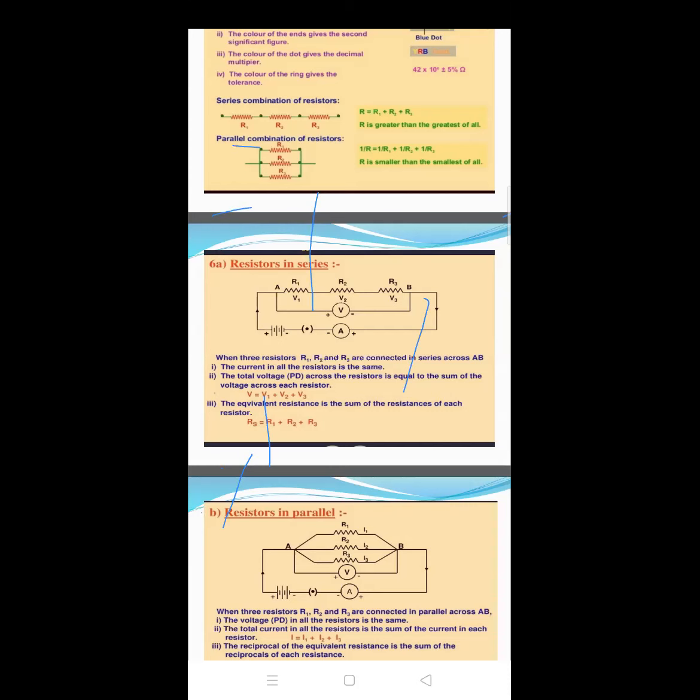So in parallel combination, three resistors, R1, R2 and R3, are connected in parallel combination as shown in the figure. In parallel combination, the first end of each resistor is connected to one point and the other end of each resistor is connected to another point.